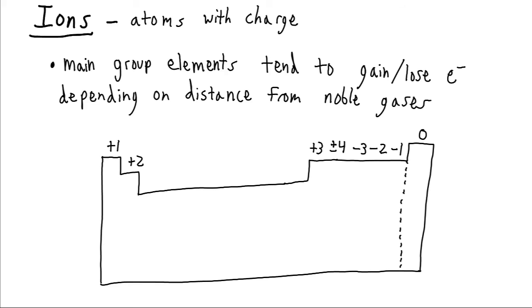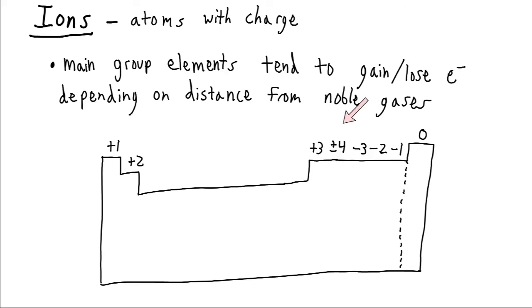These other elements in the periodic table, in order to obtain this noble status, can give up or gain electrons. So our halogens can pick up an electron and move 1 column to the right. Or our alkali metals can lose an electron and move 1 column to the left. And this kind of wraps around. So again, they have a structure now which is similar to a noble gas.